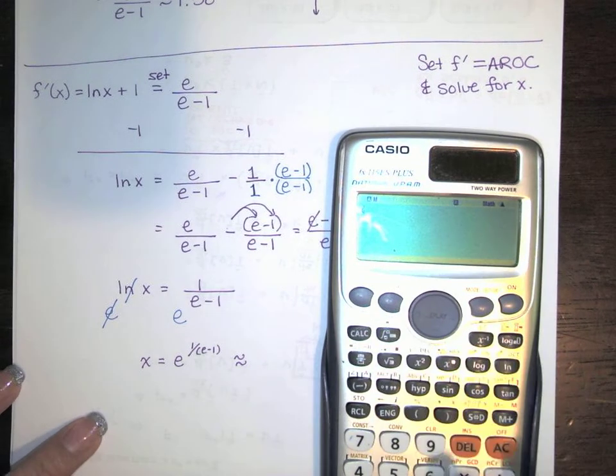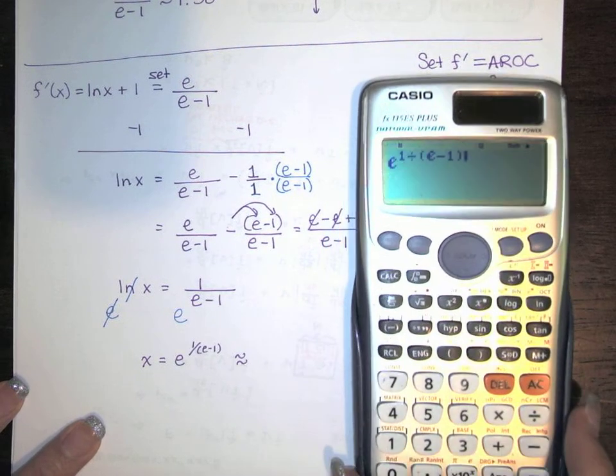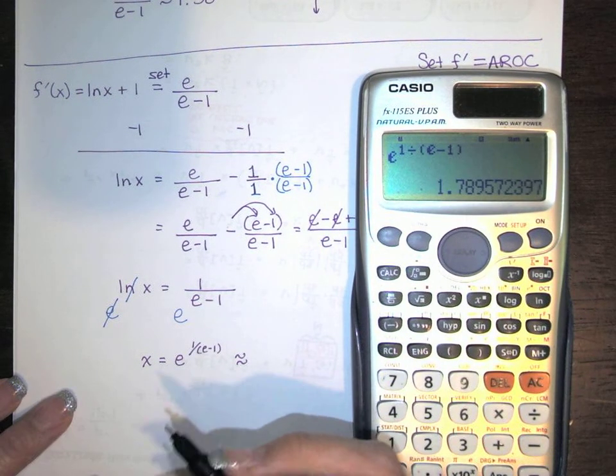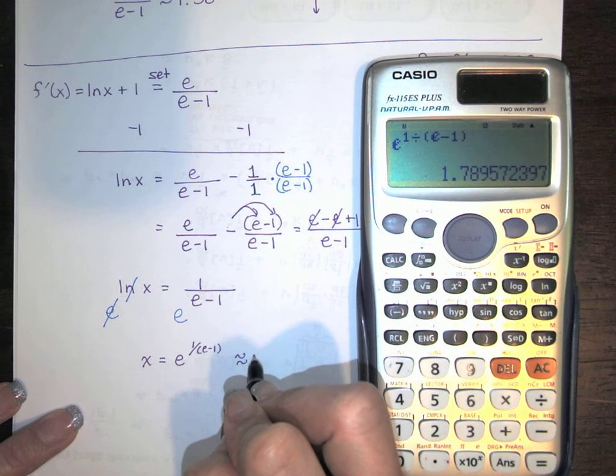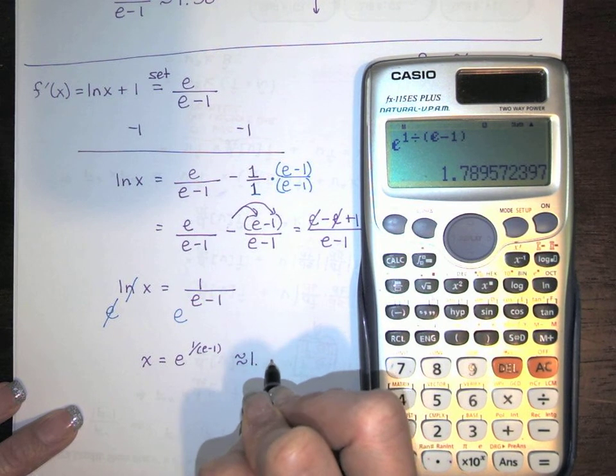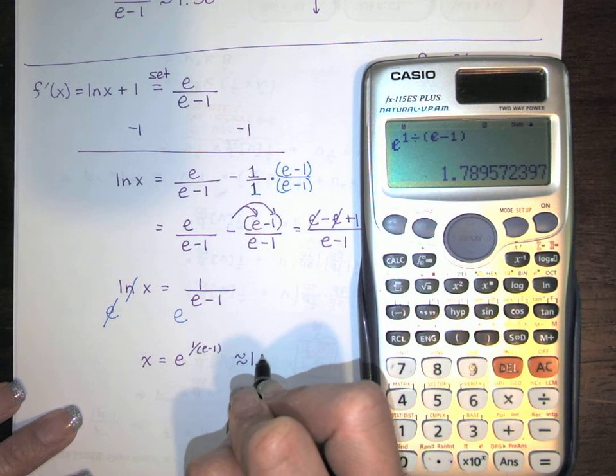So I'll do e raised to the 1 divided by, open parentheses, e minus 1, close parentheses, and we get 1.789 or 1.8 approximately, or 1.79.